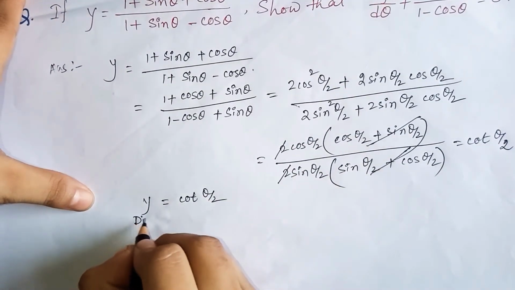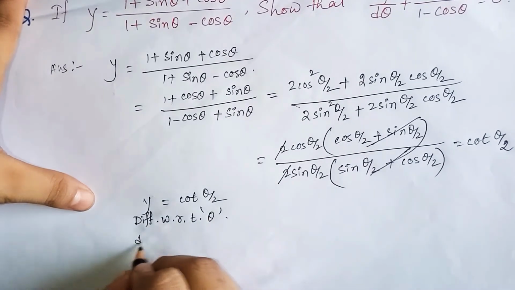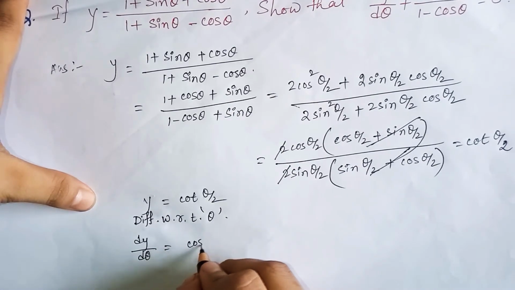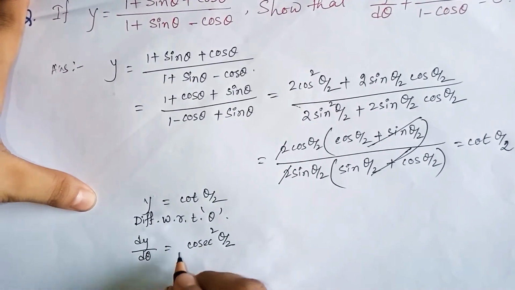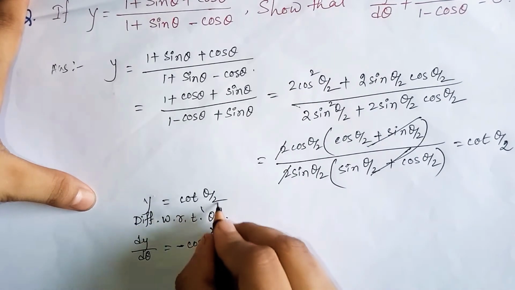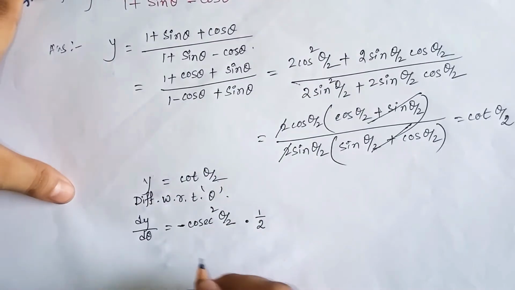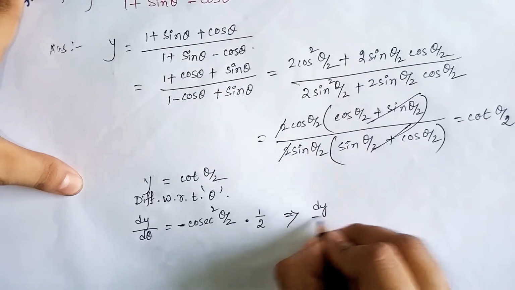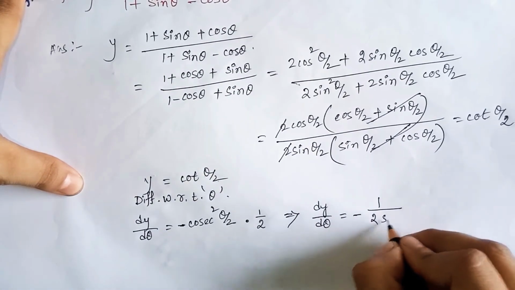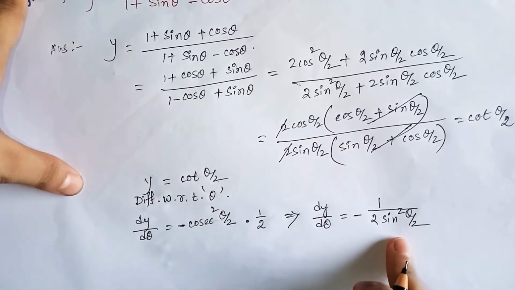So differentiating with respect to theta, dy by d theta equals the derivative of cot, which is cosec square theta by 2. Because it started with c, we use a minus, and the derivative of theta by 2 with respect to theta is half. So we get dy by d theta equals minus 1 by 2 sin square theta by 2, changing cosec square theta to 1 by sin square theta.